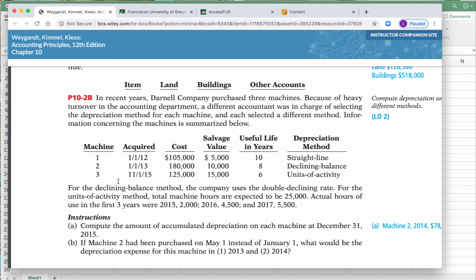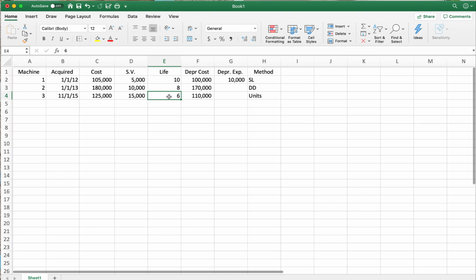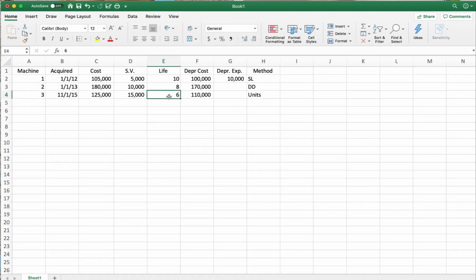Because we're using machine 3, our units of activity is going to be based on hours. So I'm going to go back to my spreadsheet, and that life of 8 years, 10 years, 6 years really doesn't help us for units of activity, right? Because I need to put in the estimated activity. So I'm going to get rid of my 6 and put 25,000. That means 25,000 hours.